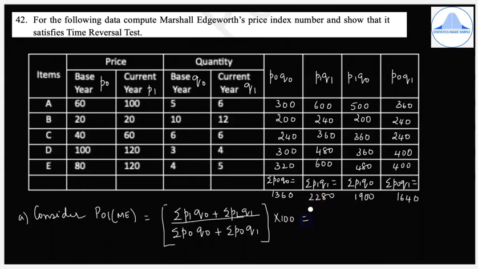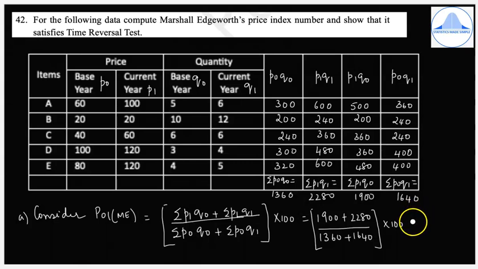Now let's substitute. So summation P1 Q0 is 1900 plus 2280 divided by 1360 plus 1640 into 100.